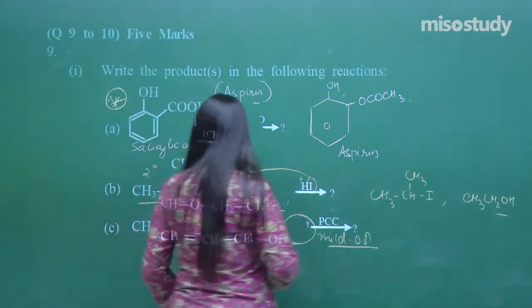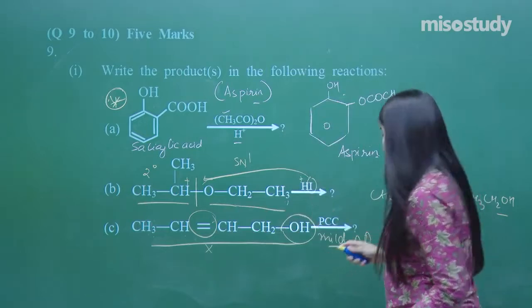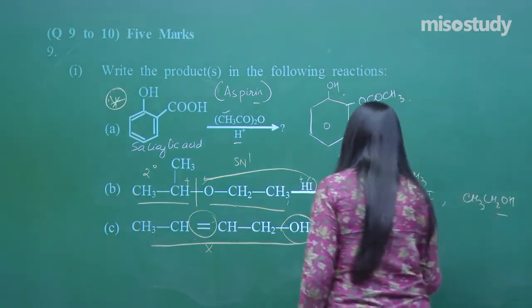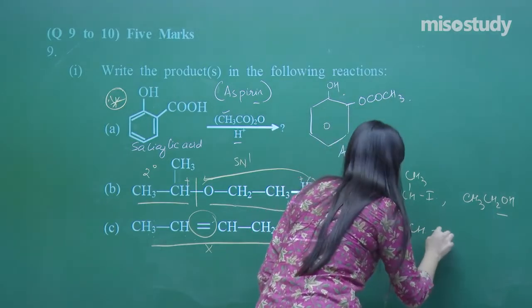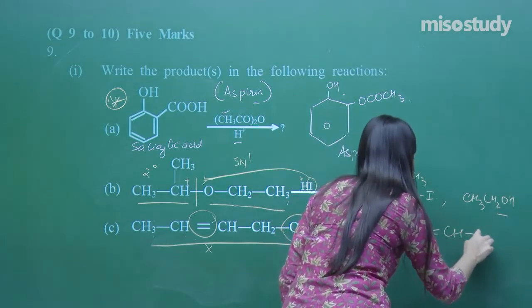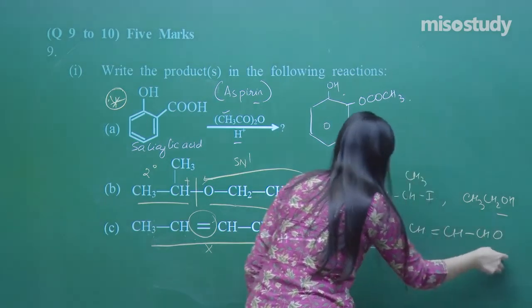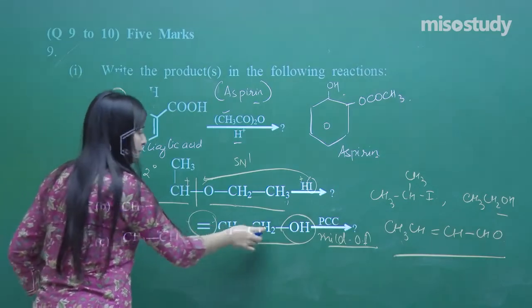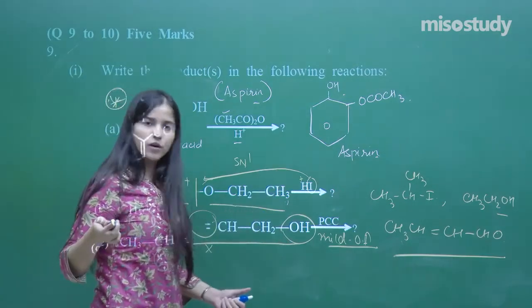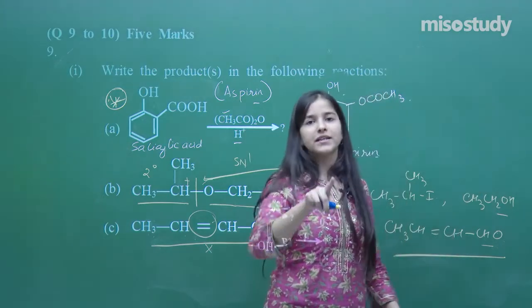So how many carbons are there? 1, 2, 3, 4, 4 carbons. So the product will be this. This has 4 carbons, and the last carbon gets converted from alcohol to aldehyde.